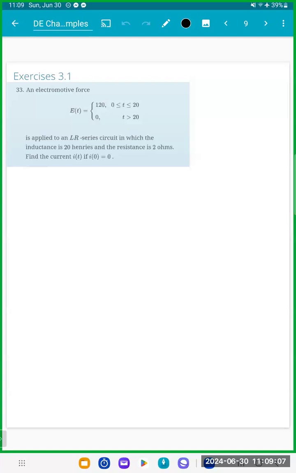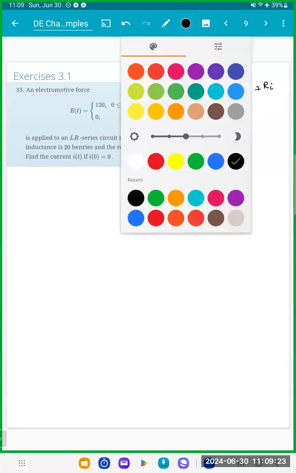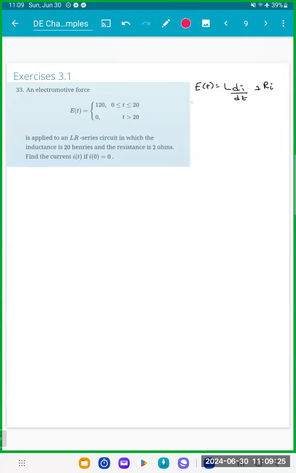And so for this problem, remember that our E of t is equal to L di/dt plus R I. Okay, so what we're given for this one, we have L is equal to 20 henries, and our R is 2 ohms.